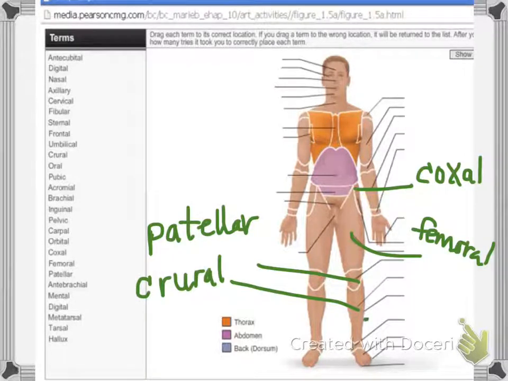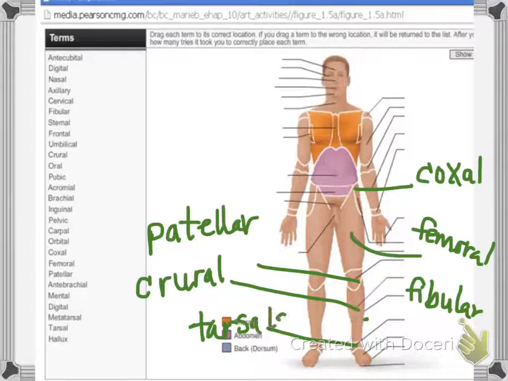The side out here, this lateral side, is the fibular, which is right near the fibular bone. Right here, we're dealing with tarsals. Remember I told you the tar heels, okay? The foot, they'll be looking at kind of the pedal area, but right here is the digits, or digital, which is the toes.